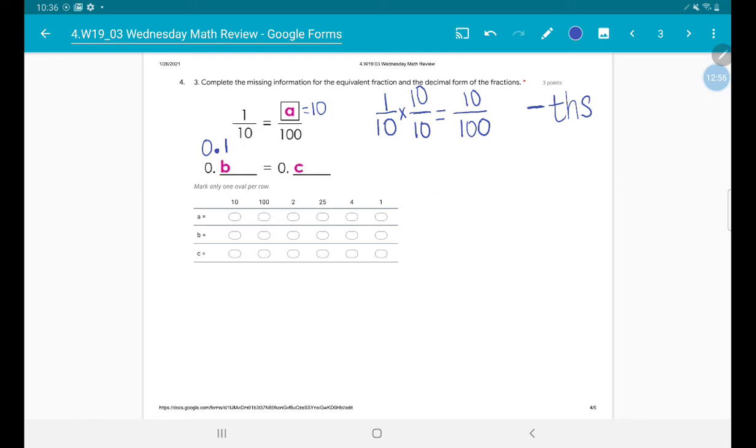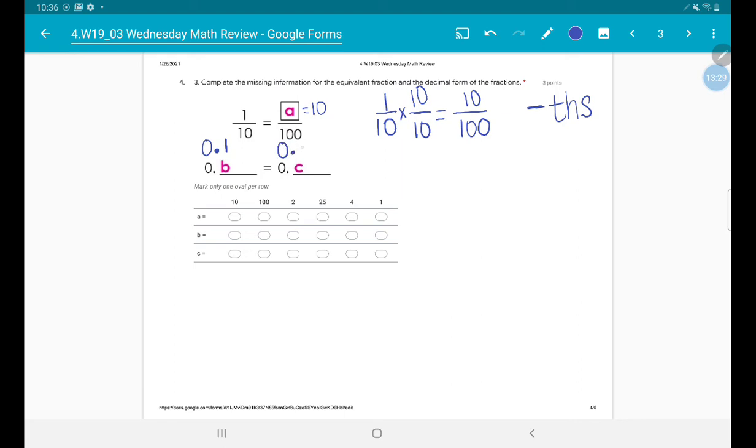Okay? Then for C, we're representing 10 hundredths as a decimal. So what will I need in the hundredths place value? You need 10 to be in the hundredths place value. So I have 0 wholes and 10 hundredths.